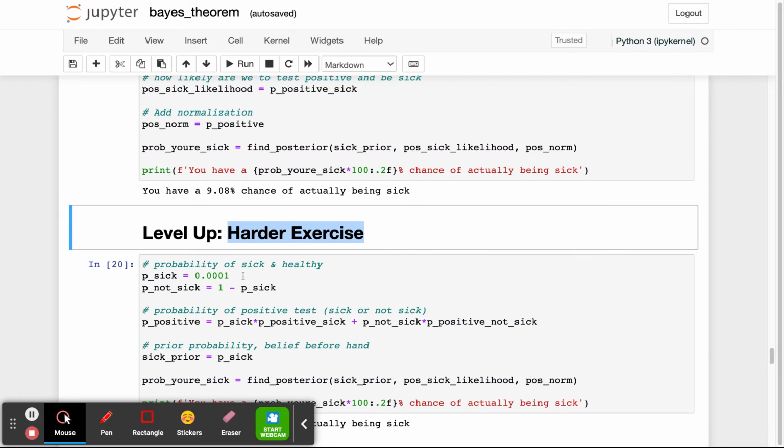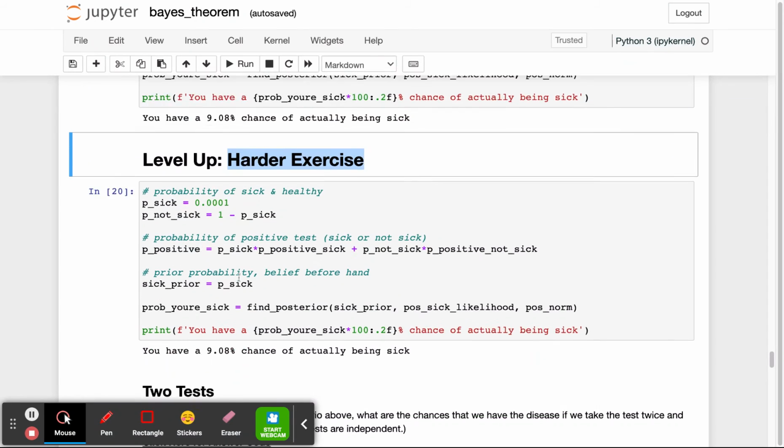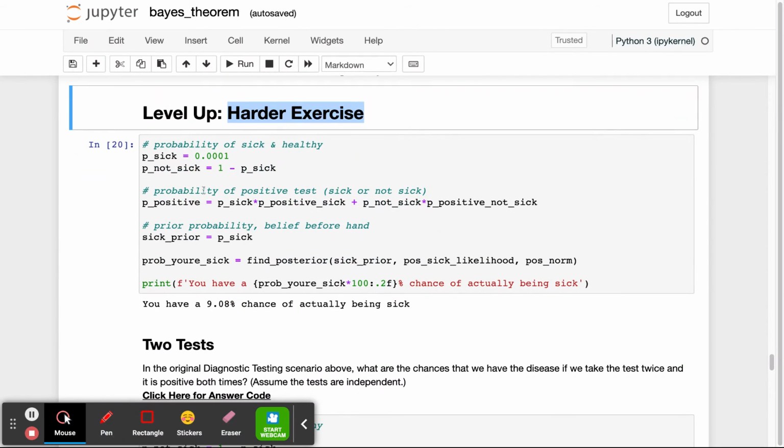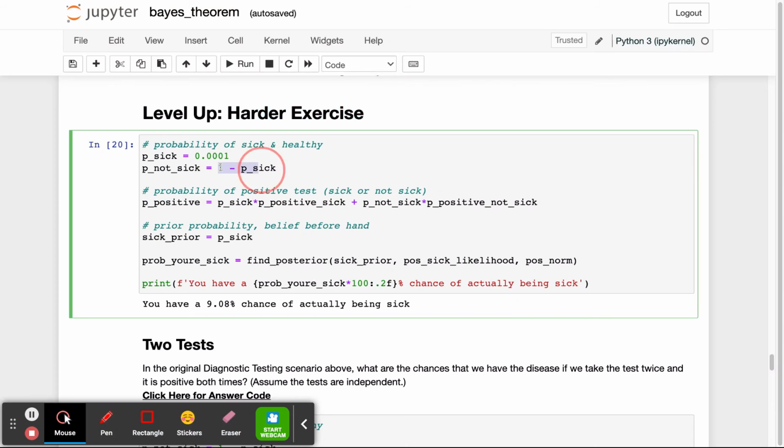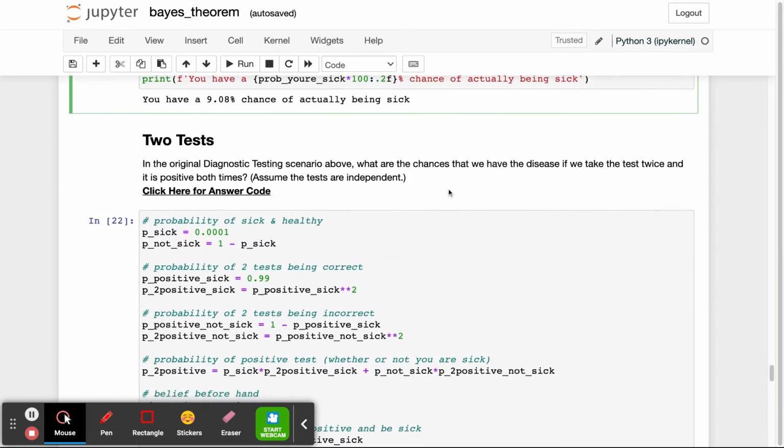And so we can do the same thing if we wanted, instead of setting up all the priors, we can simply find the positive, the denominator, and we can substitute the sick prior here, and then this positive likelihood that we had, as well as our normalization factor. That's a kind of quicker way of doing this.